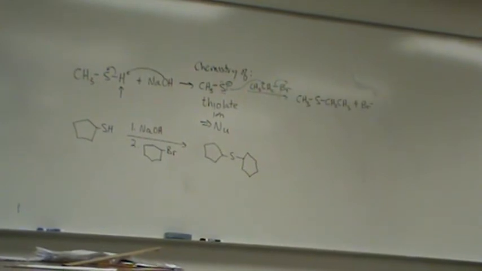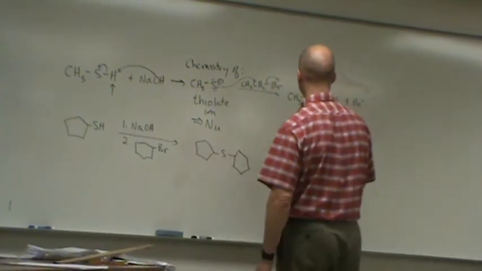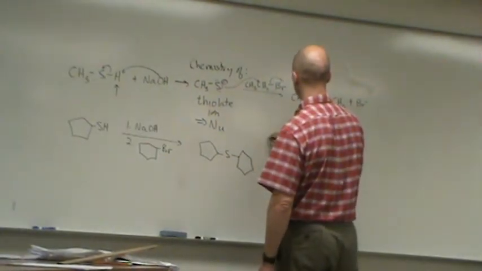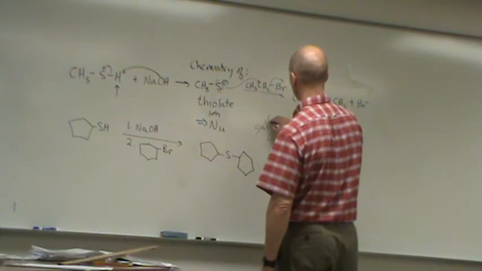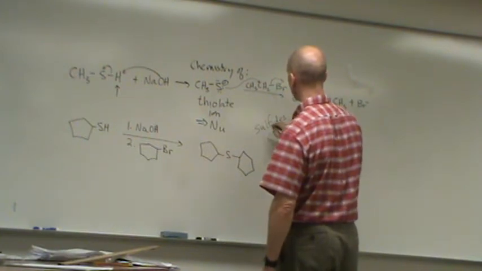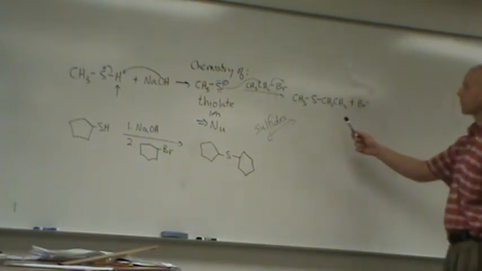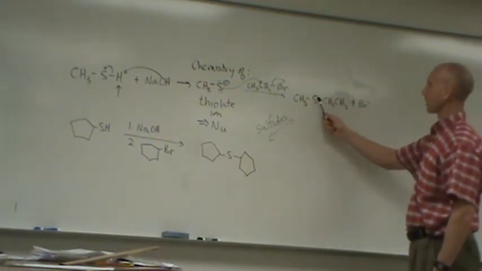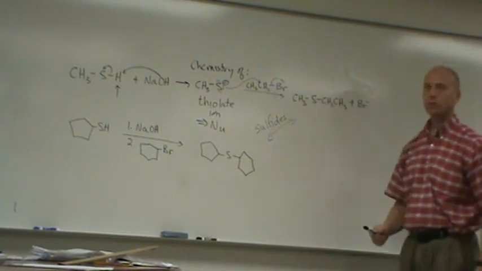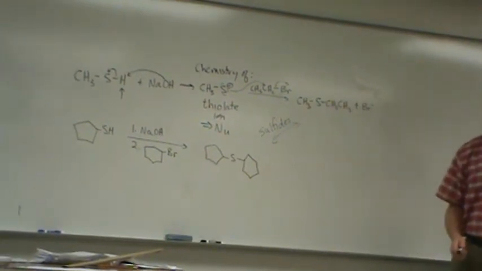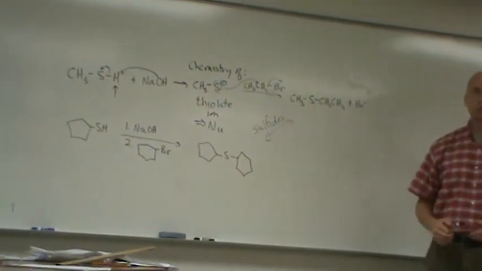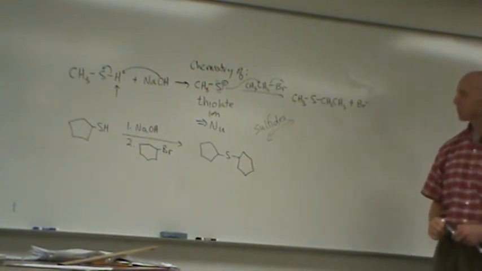Okay. So these molecules that we're forming are what are called sulfides. So sulfides can be made from thiols. A sulfide is where I have a sulfur and a carbon on both sides. We'll see they're very analogous to ethers when we study ethers.